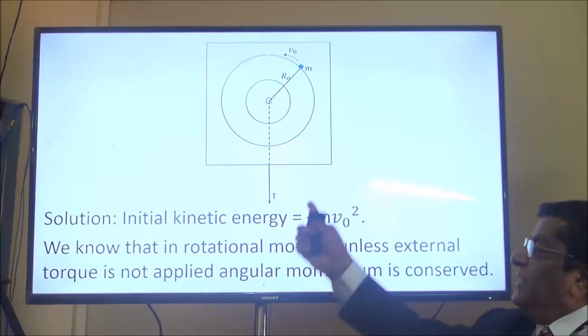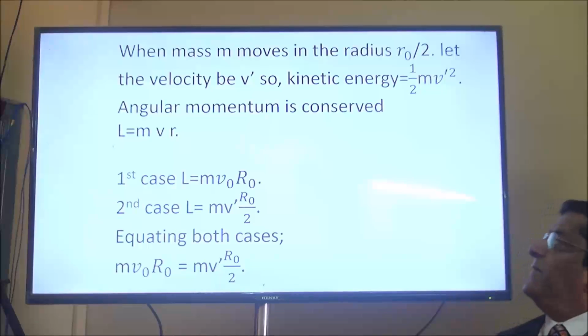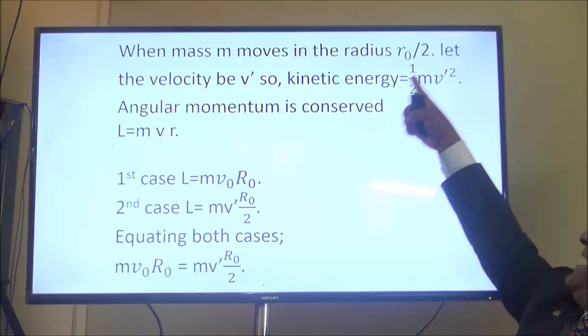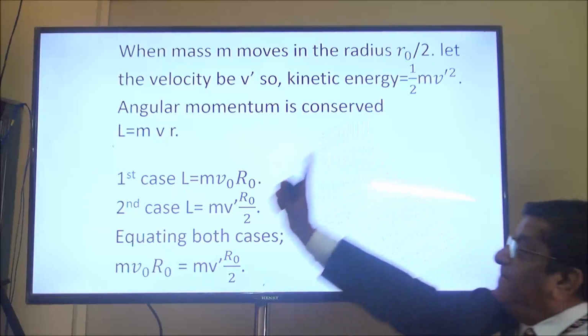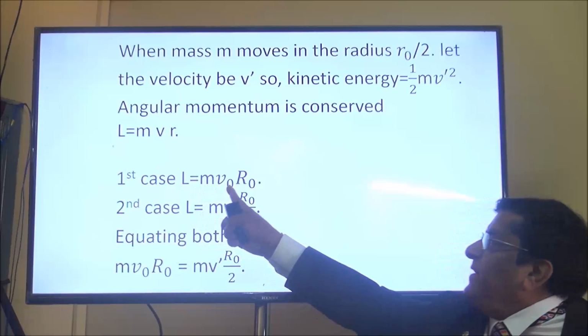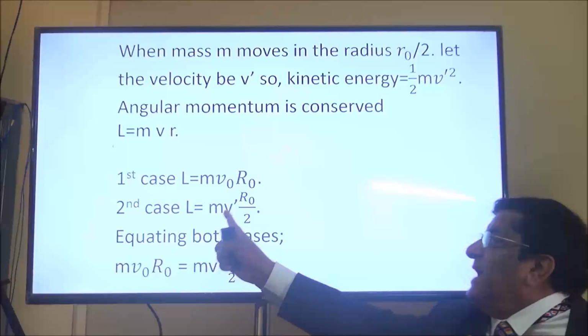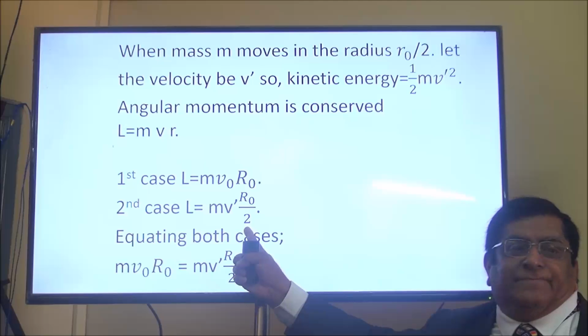This is the initial energy, half mv0 square. Let v dash be the new velocity, let us suppose. Then in the first case m v0 r0, what is this? Angular momentum. In the second case m v dash, and r has become r0 upon 2. Right?